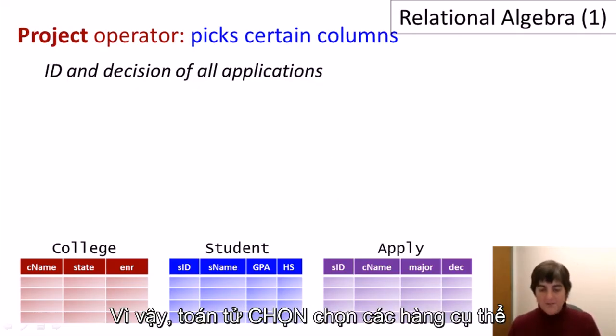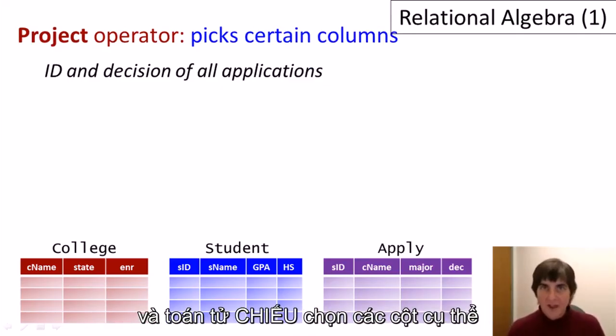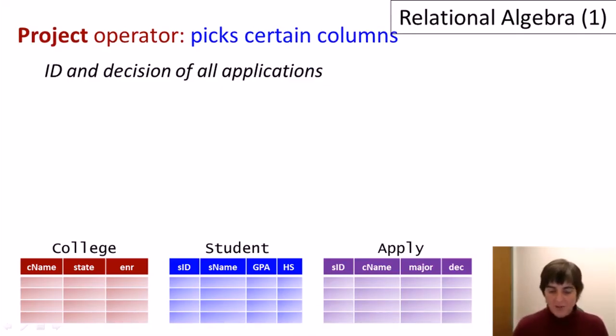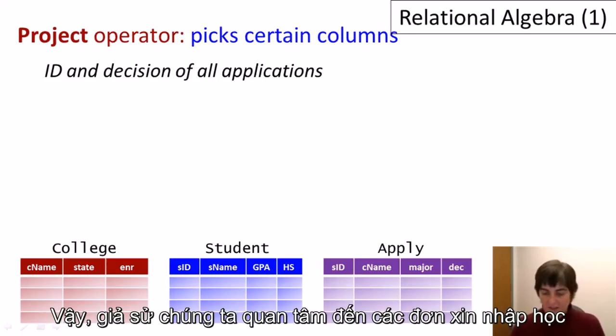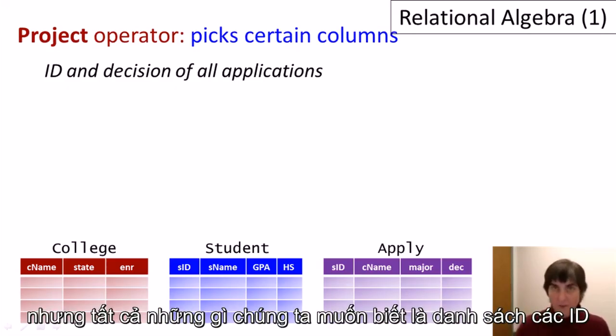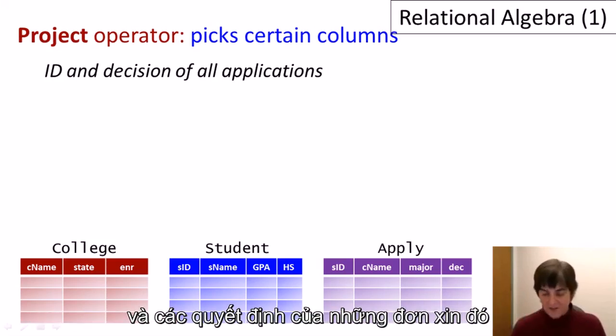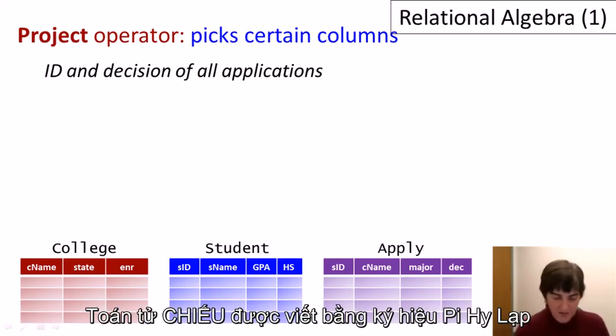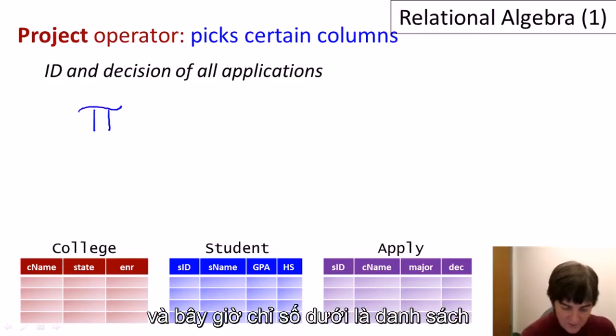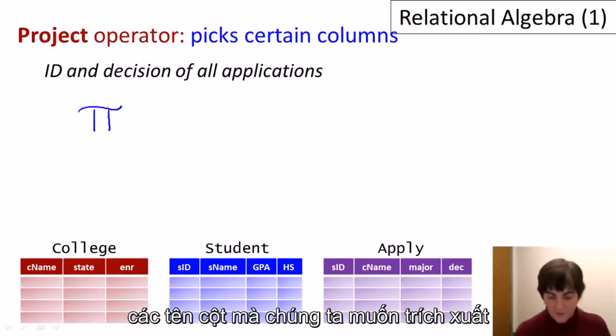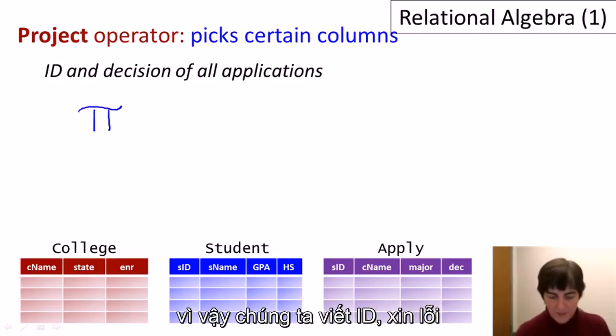Our next operator is the project operator. So the select operator picks certain rows, and the project operator picks certain columns. So let's say we're interested in the applications, but all we wanted to know is the list of IDs and the decisions for those applications. The project operator is written using the Greek pi symbol, and now the subscript is a list of the column names that we would like to extract.